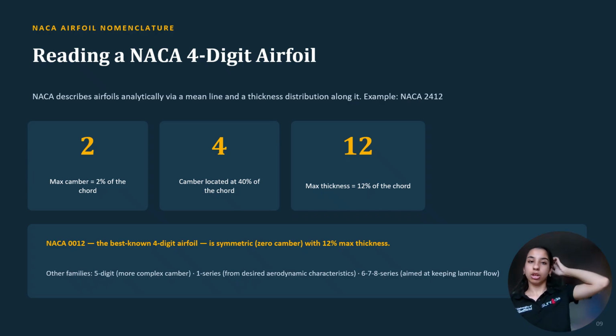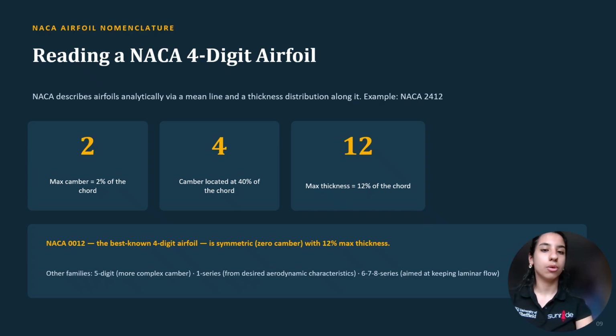Now there's something called NACA. You know NASA, right? Before, it had a different name, NACA. They created this system for the proportions and ratios of airfoils. Not many engineers use it anymore, but it's very important to know.